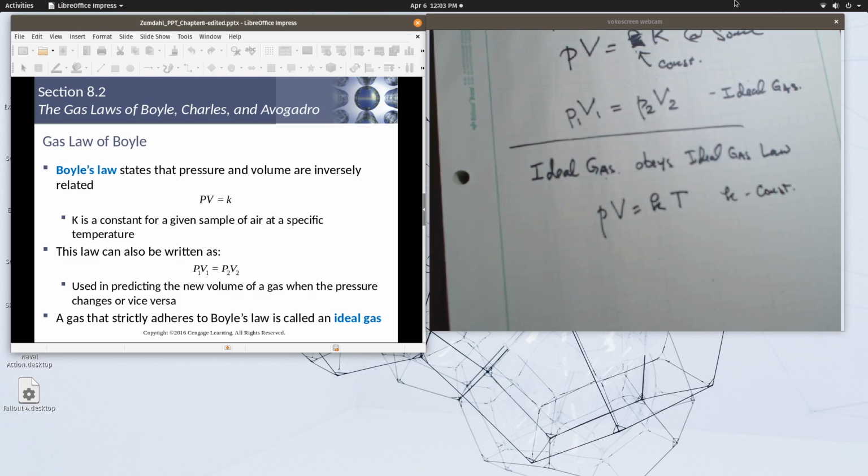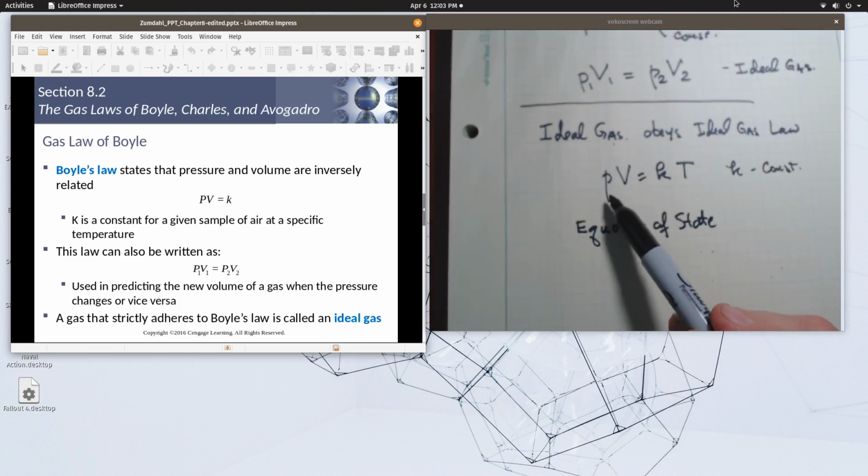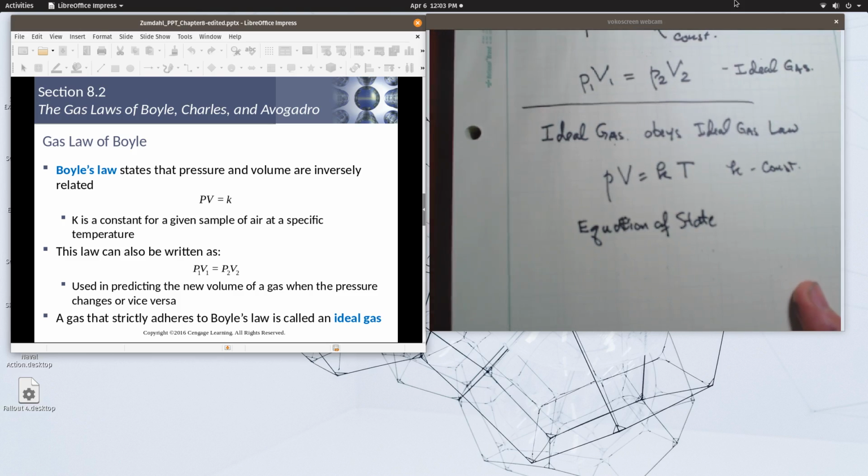This K did depend upon temperature. And this is what's called an equation of state. An equation of state is simply a relationship between pressure, volume, and the temperature of the system.